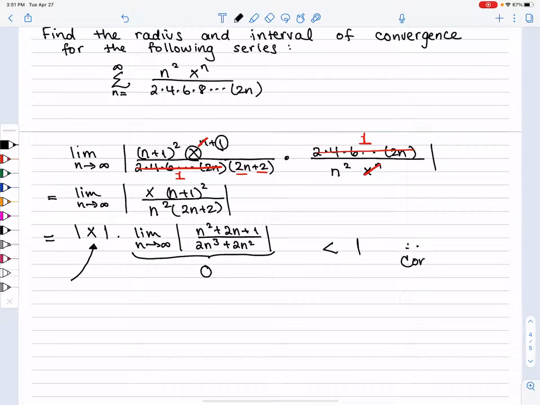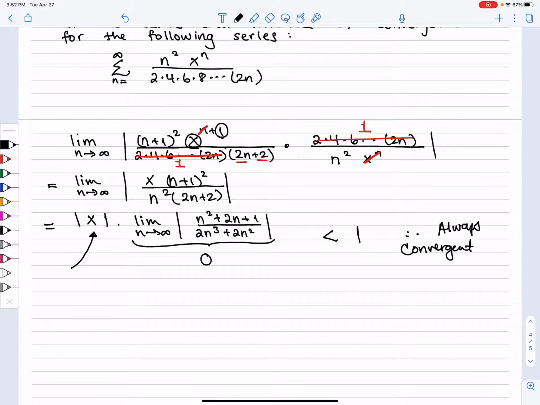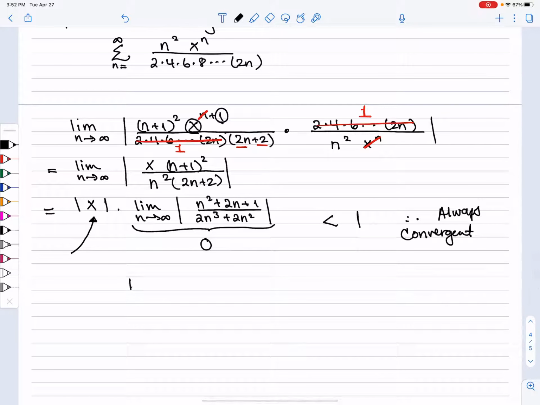Therefore, always convergent. So because your limit is equal to 0, that says that there is no restriction on x. So because x can be anything, we can say that the radius of convergence is infinity.